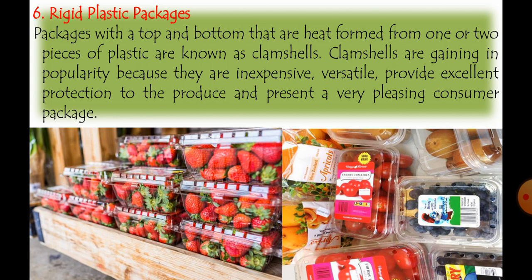Clamshells are gaining in popularity because they are inexpensive, versatile, provide excellent protection to the produce, and present a very pleasant consumer package. Clamshells are used extensively with pre-cut produce and prepared salads. They are commonly used for strawberries as well as kiwi fruits and grapes.